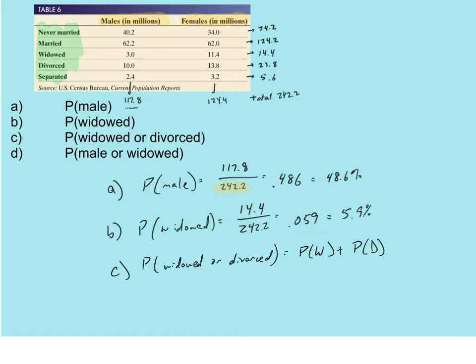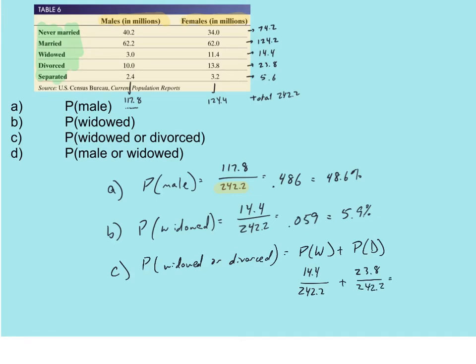Okay, so for this one, we've got our 14.4 again over 242.2 plus the divorced, where are they? 23.8 over 242.2.